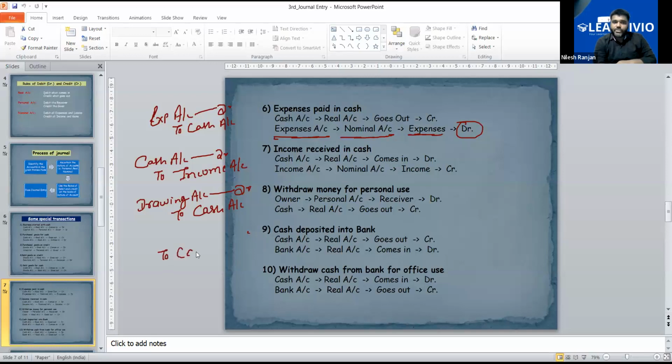So it will be to cash account. And where we deposit cash, in bank. So bank is receiving here. So bank account debit. The entry will be bank account debit to cash account. Yes, I have written here. Okay.